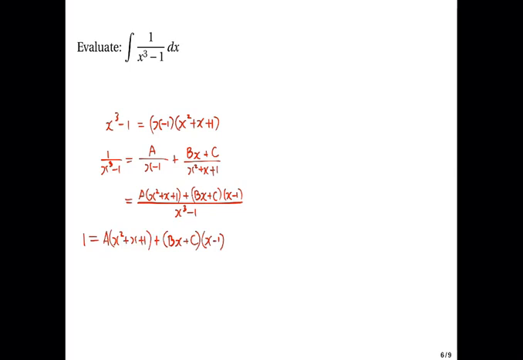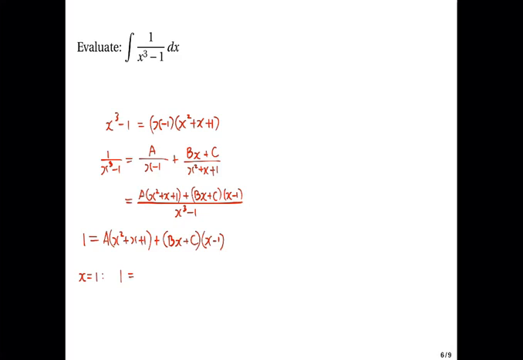Our first substitution would be x equals 1, because if we do that, this term here will vanish and we will be able to get the value of a easily. So we let x equal 1. On the left-hand side, we still have 1.